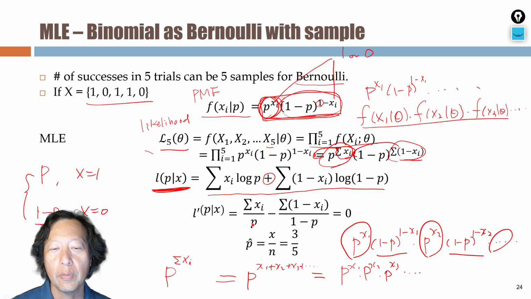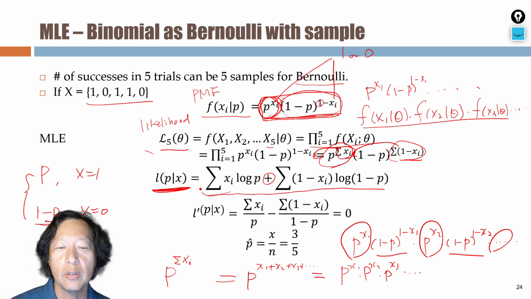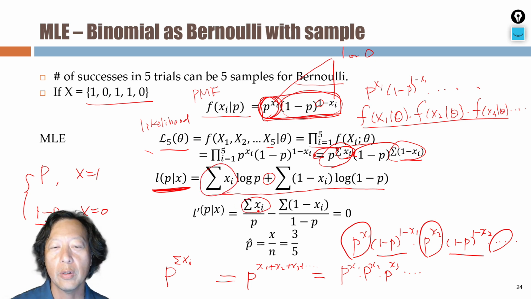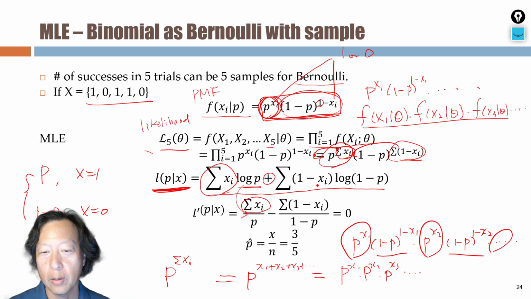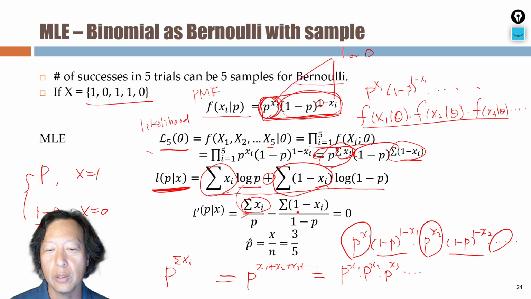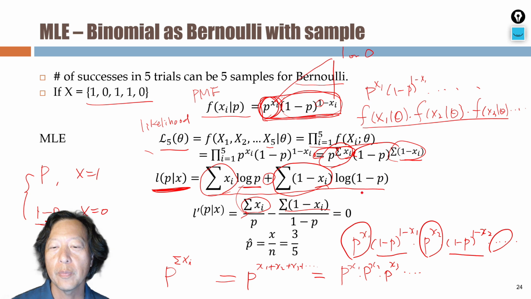So maximize the likelihood function, and then you can take a derivative. Here, this is just a constant. You come here, log p becomes 1 over p, and again this constant comes here, and the same thing is 1 over 1 minus p times minus 1, that's why it becomes negative, and equals 0.